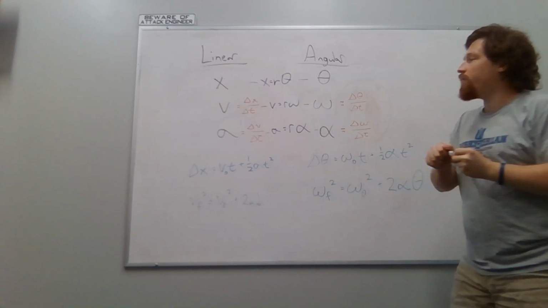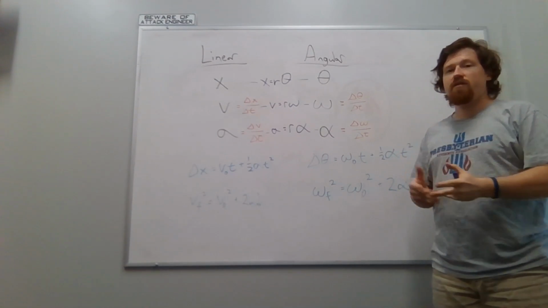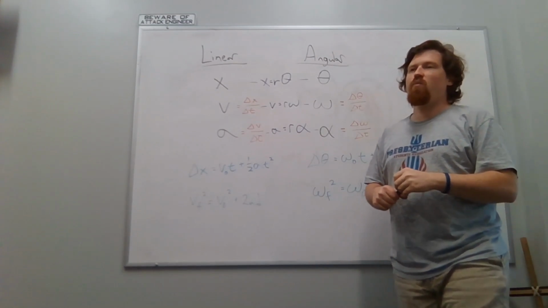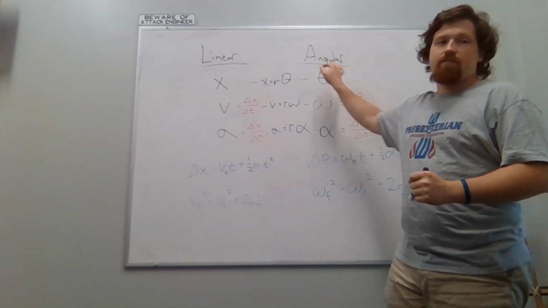So everything in the middle, in the purple, is the translation formula, the way we are able to convert between linear and angular.